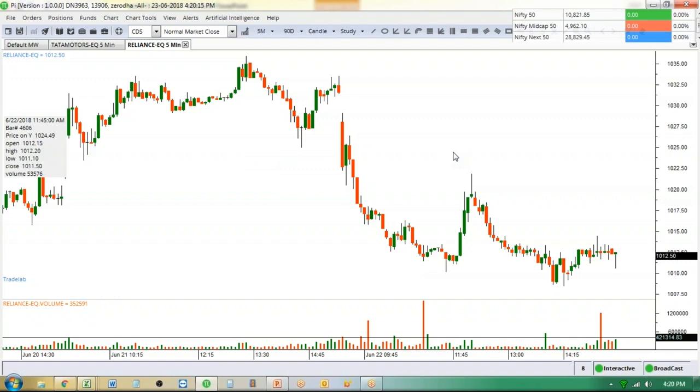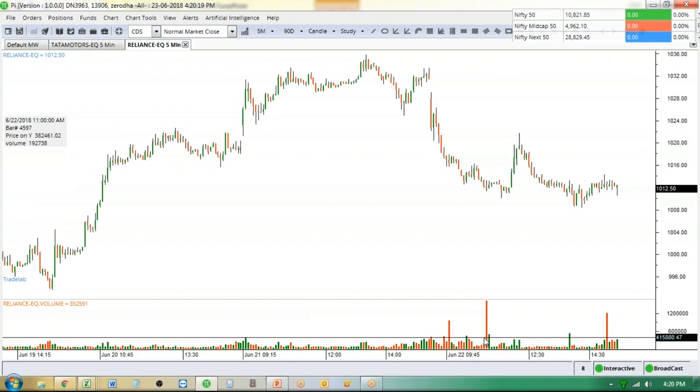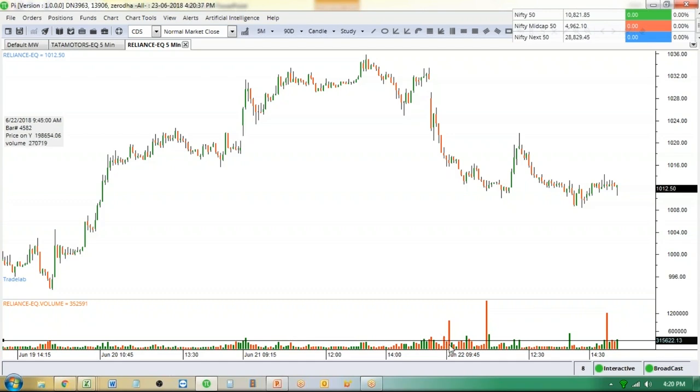Now, if there is a volume breakout that is greater than the volume of the previous day, say some previous day volume was somewhere here, let's assume, and this is breaking out the volume of the previous days.